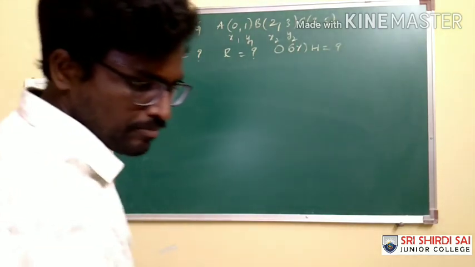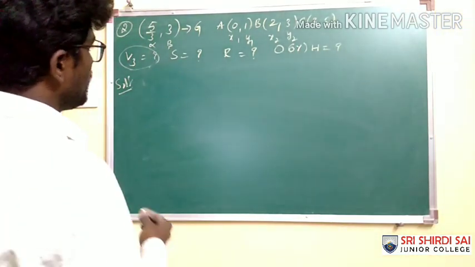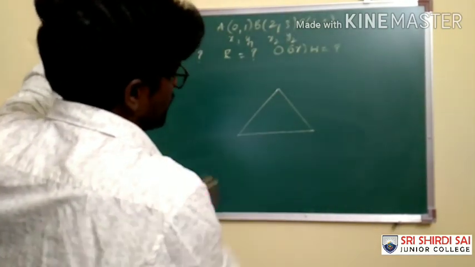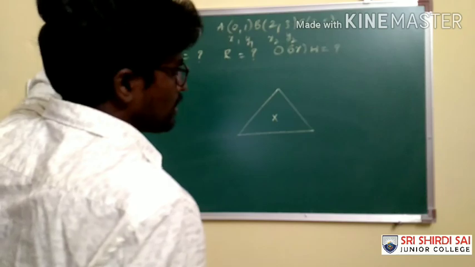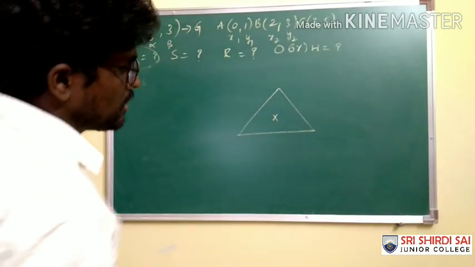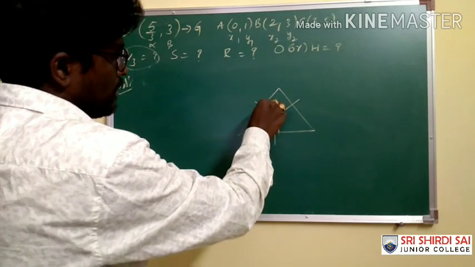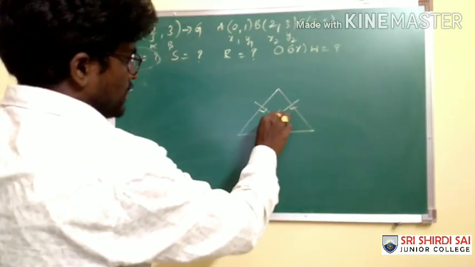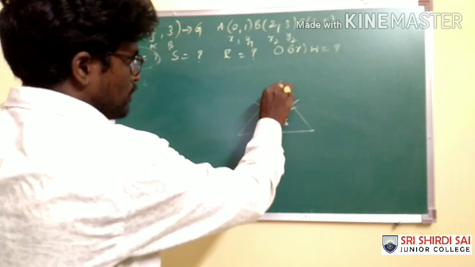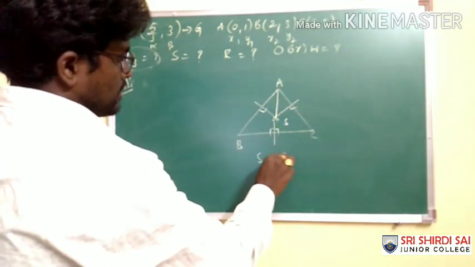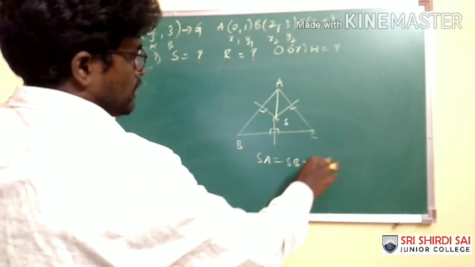One question done. Now let's go ahead with the next problem, that is circumradius. I have told you very clearly when dealing with circumcenter and circumradius. Circumcenter is nothing but the point of intersection of the perpendicular bisectors. The circumcenter is denoted by S, and that is equidistant from the vertices A, B and C. Nothing but SA is equal to SB is equal to SC.